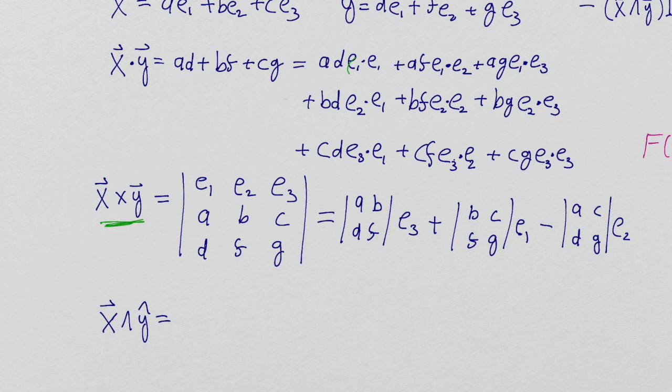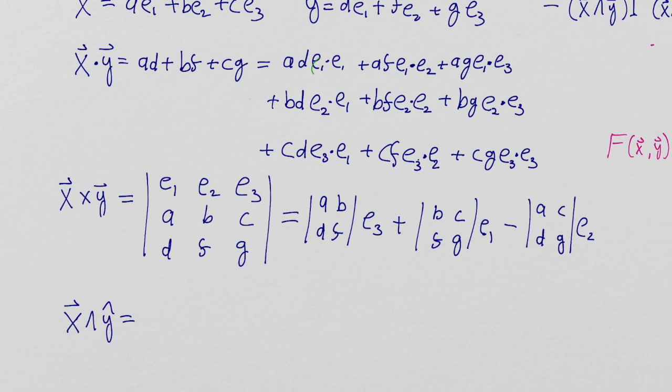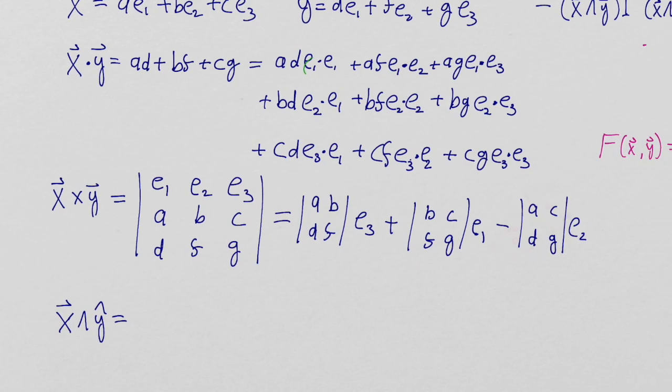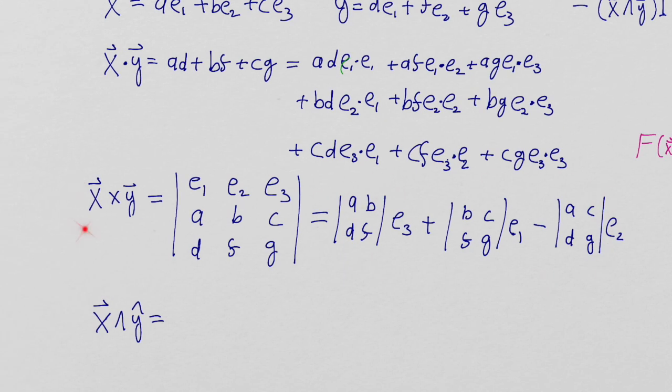In standard vector analysis, I always learned to do the cross product, if I had to in a pinch, by this determinant, right? I'd write down the vector x components, the vector y components, and then these basis vectors, and then I would calculate all these little minors and keep track of the sign and everything, and then this would be the cross product of two vectors.